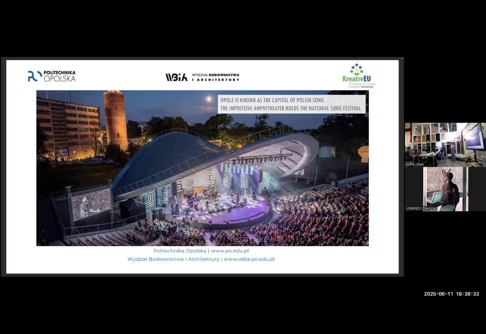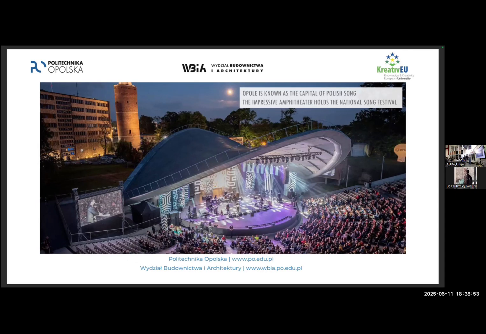And we have this beautiful amphitheater, which is also a very nice construction of a concrete shell. And in the back there, you can see the remains of the medieval Piast tower. That was the tower of a Piast castle, the dynasty that ruled Poland from medieval times.